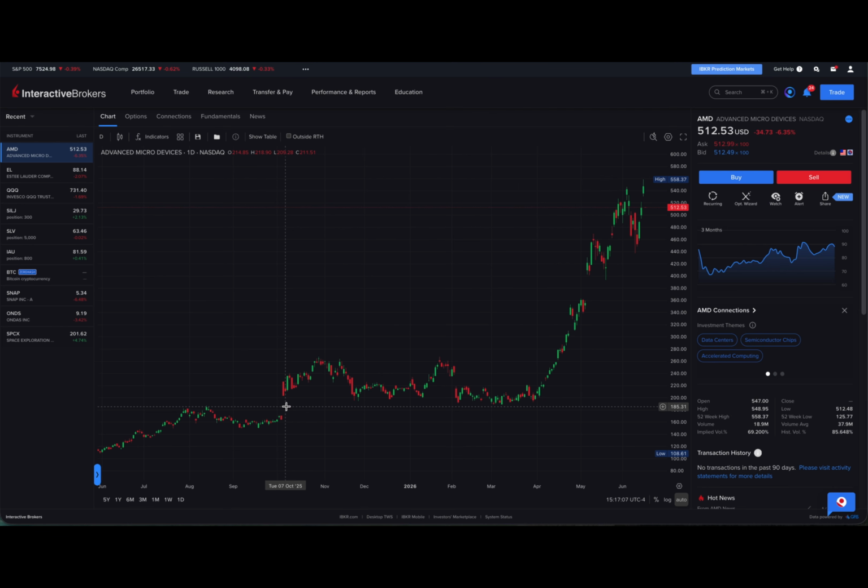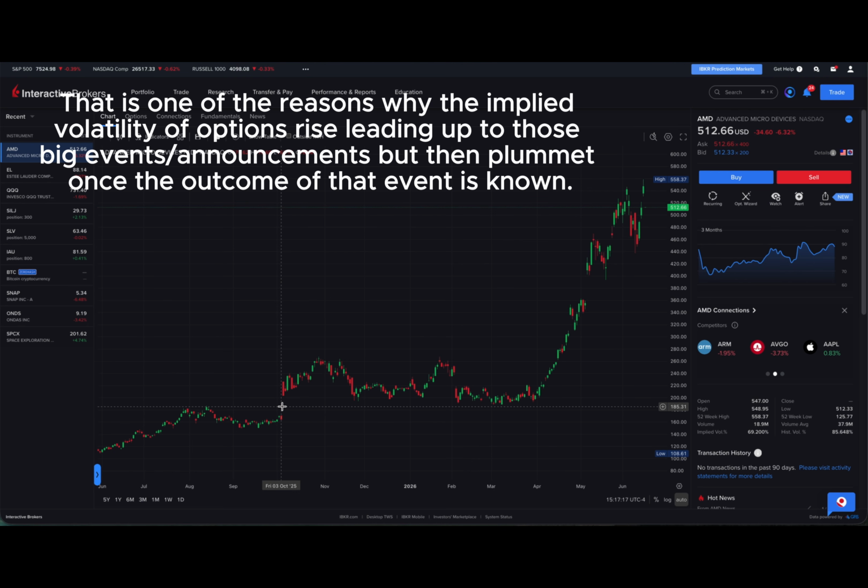Not because the Greeks are wrong, but because the Greeks are built on an assumption that simply does not hold when these kinds of volatile binary events happen. I could say earnings announcements. I could also say the Fed announcing their interest rate decision, whether it was a surprise or not.